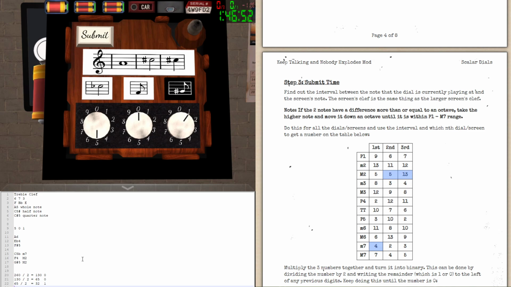I can already tell you the rest are going to be pretty much zeros until the very last one. 32 divided by 2 is going to equal 16, remainder 0.